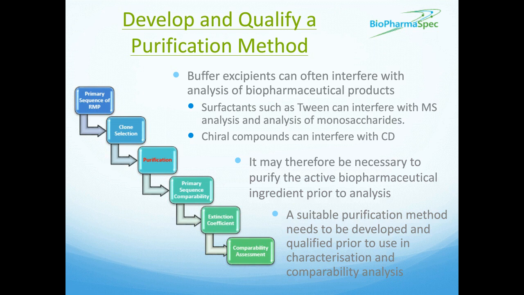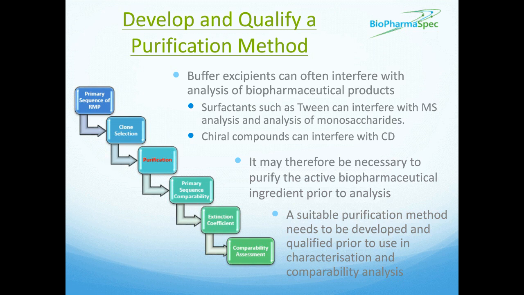Equally, when you're looking at secondary, tertiary, and higher order structures, chiral compounds can have an effect on the analyses and what you're trying to do with the instrumentation there. Therefore, you might have to purify the active biopharmaceutical ingredient prior to the actual analysis, and the purification method needs to be developed and qualified prior to use.